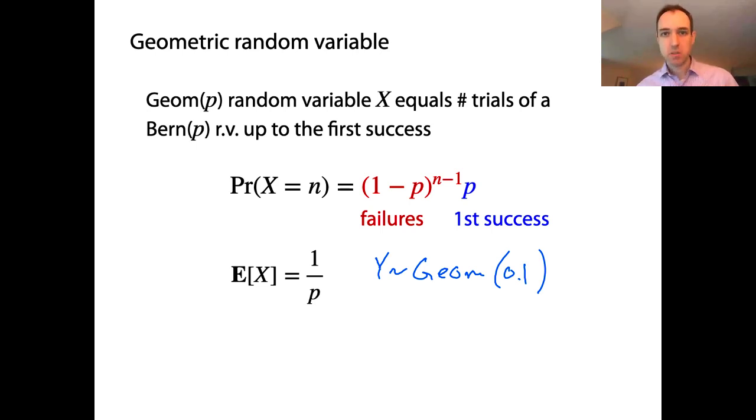How many flips before I get heads? Well, the expected value of that geometric random variable y is going to be 1 over 0.1 equals 10. Makes some intuitive sense. If the coin lands heads with probability 10%, the expected number of times I have to flip it before I get heads is 10.